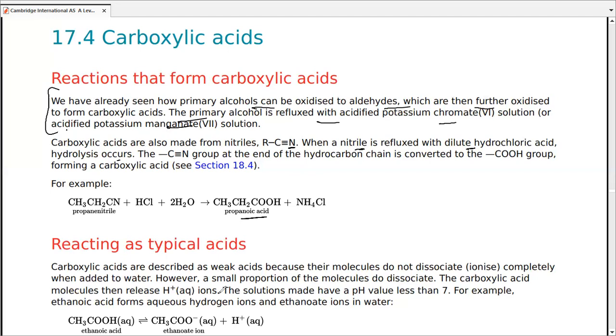Now remember, the usage of nitrile was to increase the number of carbon atoms in the chain by one. So if you're talking about propanenitrile being converted into propanoic acid, remember we might have started from something smaller over here. So let's talk about this.